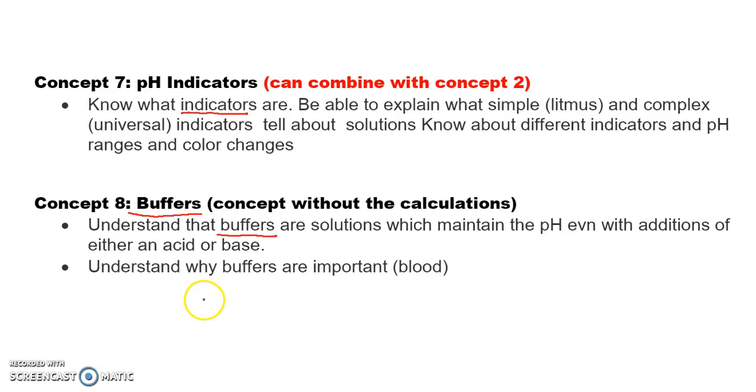For example, our blood is a buffer. They use buffers in lots of industries, pharmaceutical, where they make tablets. If it's not the right concentration of acid or base, it may break down early. So think about all the examples given to you in your PowerPoints. That will help you quite a lot with teaching this unit.